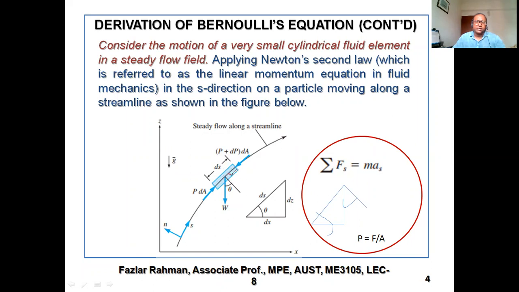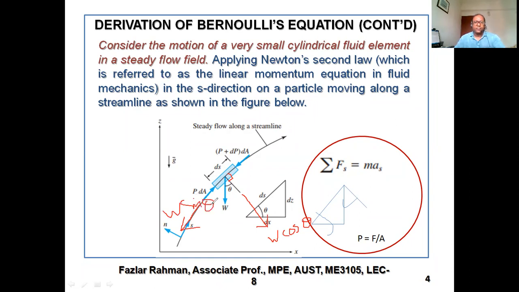This line is perpendicular to the streamline, so this is 90 degrees, and W works downward. We are thinking this angle is theta. So we can consider two components of W: one component along this direction, the other along this direction. This one will be W cos theta, and this will be W sin theta.